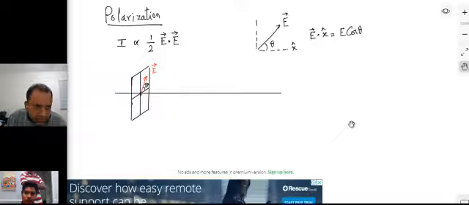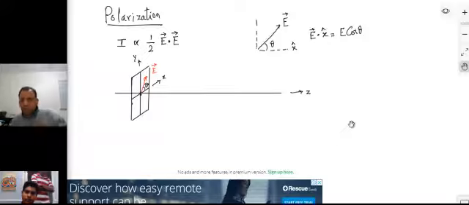So let's say this is the y-axis, and that's your x-axis, and this is your z-axis. That should be clear. And that's a vector. Whenever we think of light, light is basically oscillations of electric field. So the electric field is keeping on oscillating and it is keeping on moving forward.